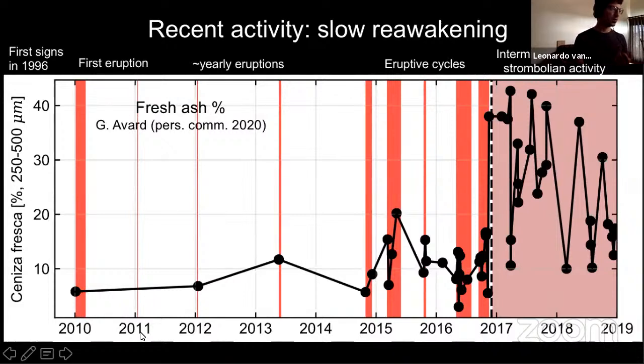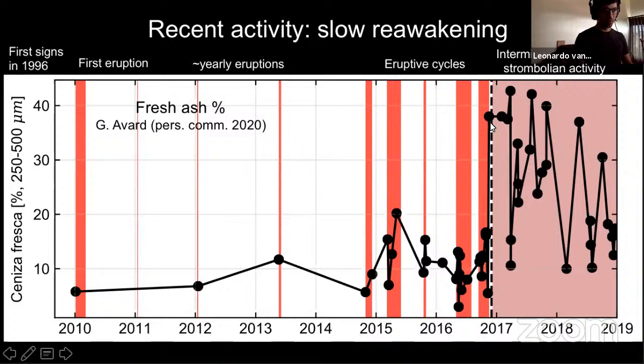Then in 2011, 12, and 13, we have some yearly eruptions. And the more important activity started by the end of 2014, when we see some increases in the juvenile component, and the eruptions are longer and more important in their emissions.